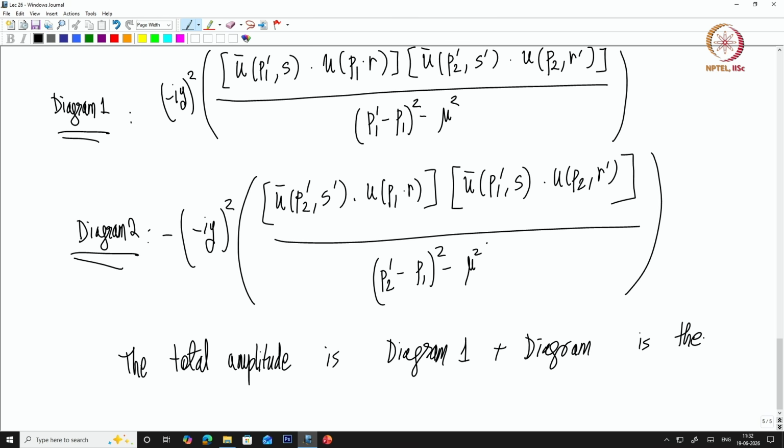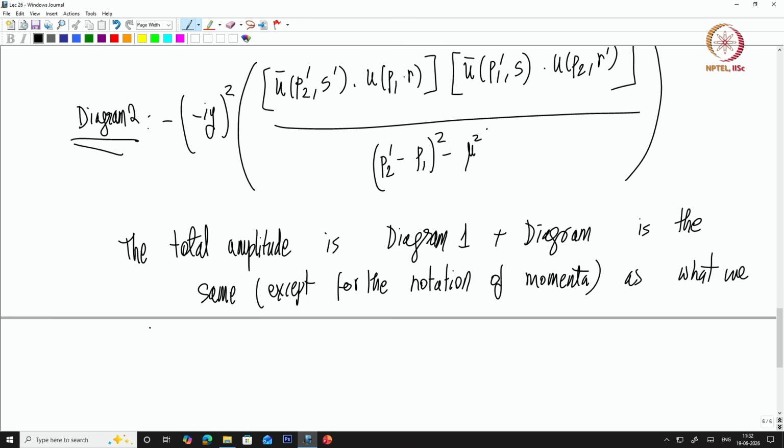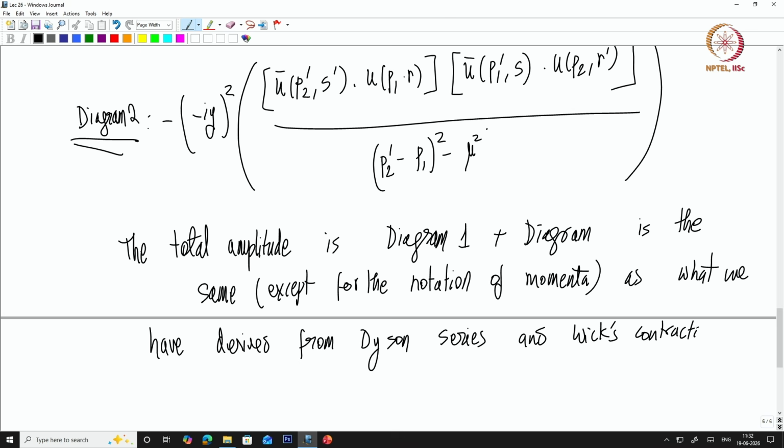It is the same except the notation of the momentum assignments is different, as what we have derived from the Dyson series and Wick's contractions and notations.